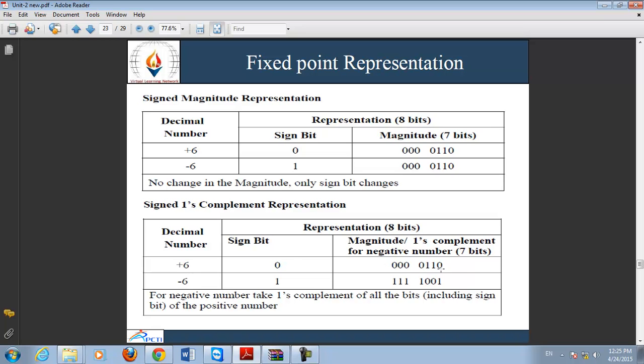If you want to find the ones complement of plus 6, that is minus 6, then all the 0s are converted into 1s and 1s into 0s. This is the negative number representation by using the ones complement of all the bits.